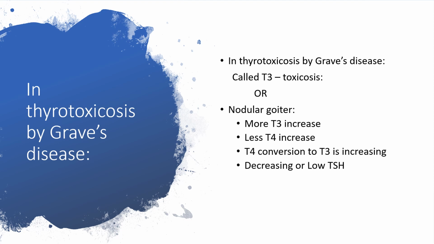So when we have this picture, low TSH, more T4 being converted to T3, T4 is raised but less compared to very high T3 level, then we are dealing with T3 toxicosis caused by Graves' disease, or possibly nodular goiter.